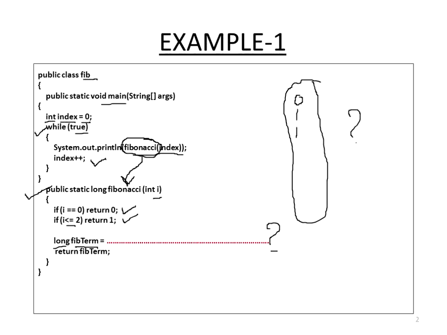Fibonacci series starts from 0, then it is 1, and then 1. After that, what will be the next digit?